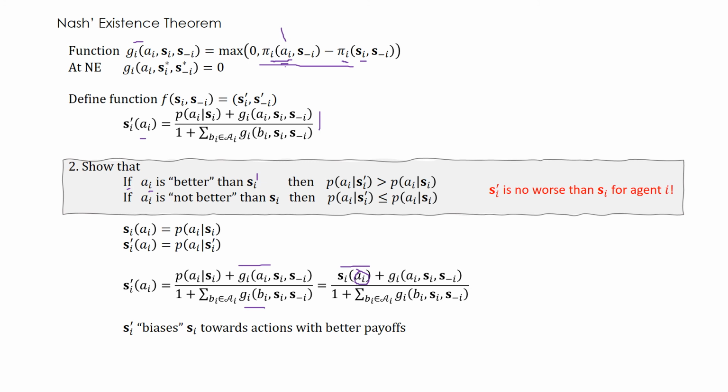So if AI is better than Si, then this GI will be greater than 0.